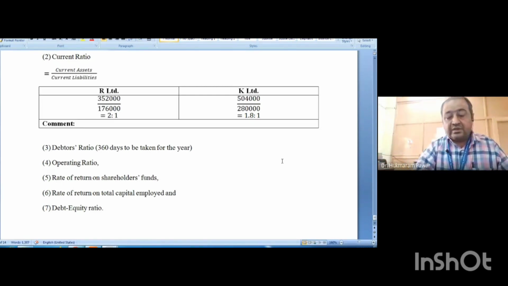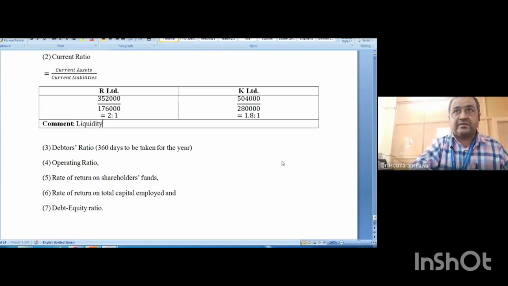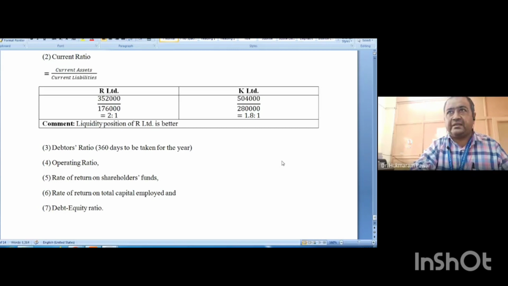So the liquidity position of R Limited is better than K Limited. Okay, our standard ratio is also 2:1.